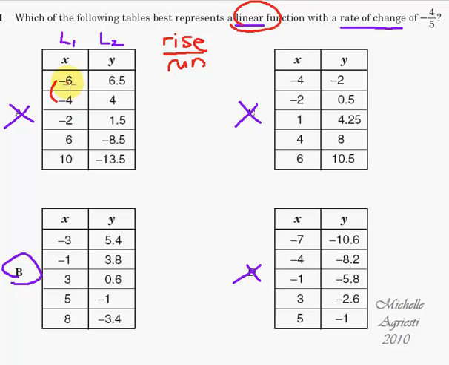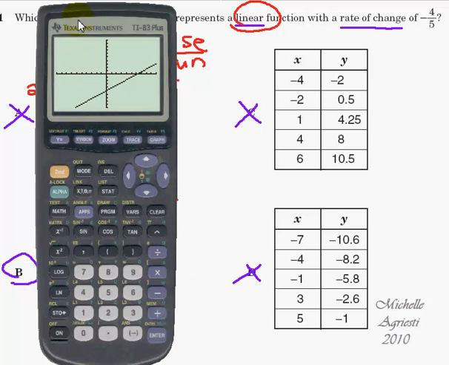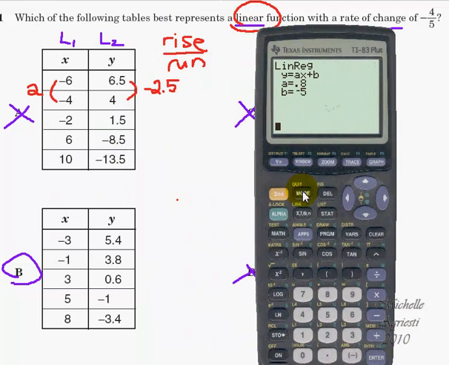The difference between these two x's, depending on if I go from negative 6 to negative 4, that increases by 2. If I go from 6.5 to 4, that decreases by 2.5. So for this, my rise is negative 2.5 over my run is 2.